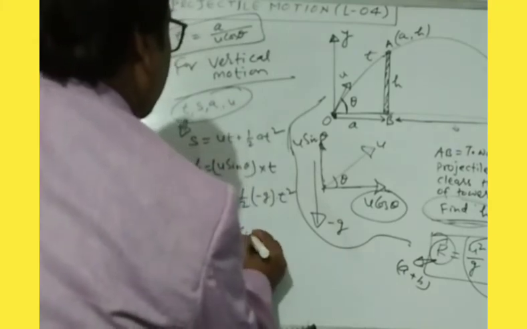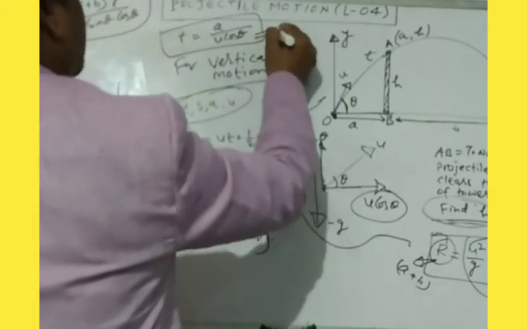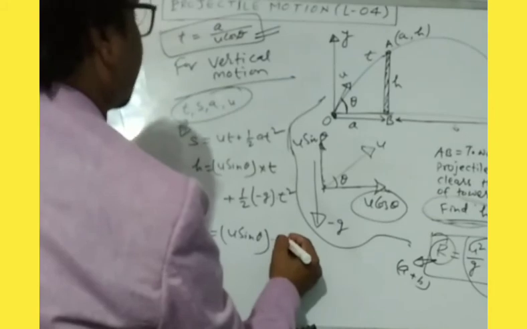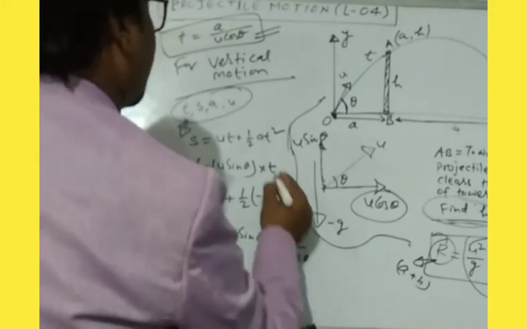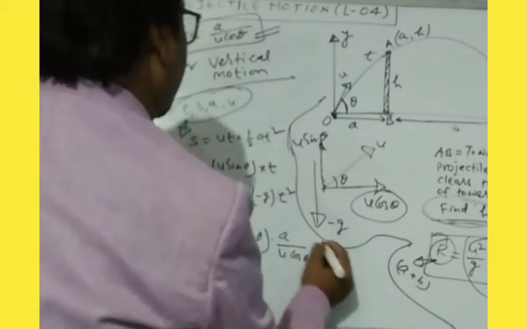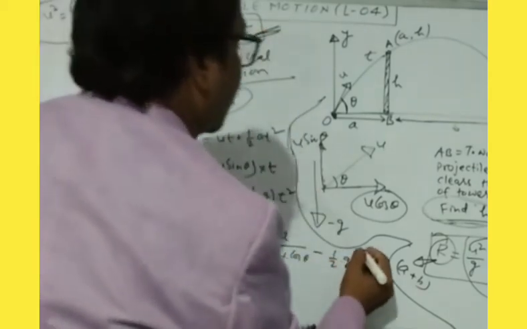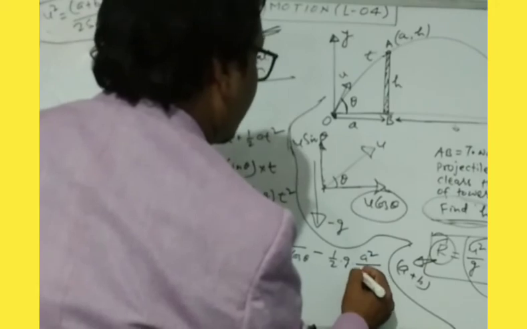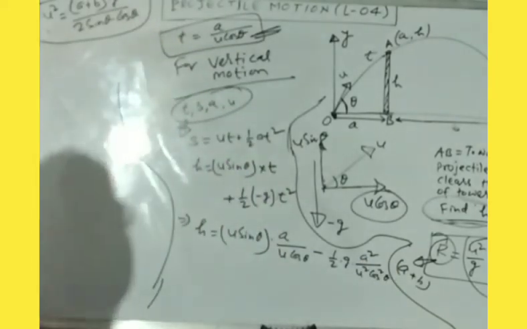This is u sin theta, and you put the value of small t here, which is a upon u cos theta, and minus half into g into t square, put the value of t, then t square will be a square upon u square cos square theta. Okay dear.